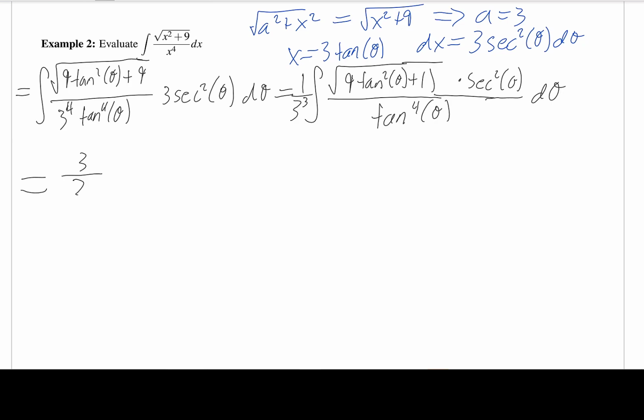So we'll have 3 over 3 cubed, which is the same thing as 1 over 3 squared. And 3 squared is equal to 9. Times the integral of... Then we'll just be left with the square root of tan squared theta plus 1. And our identity is that tan squared theta plus 1 is equal to secant squared theta.